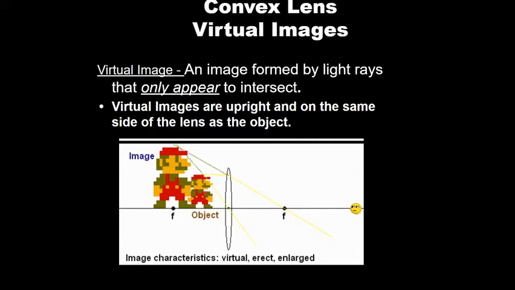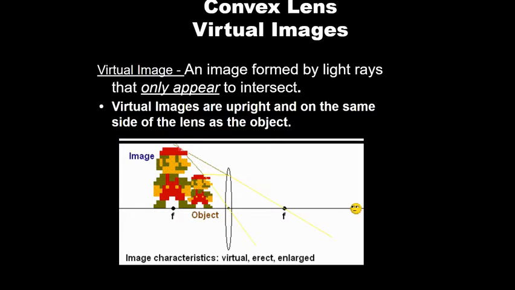Likewise, for the central ray, light begins at the top of Mario's hat and passes through the center of the lens. And we can see that these two light rays are diverging, but this central ray appears to come from some point back here.